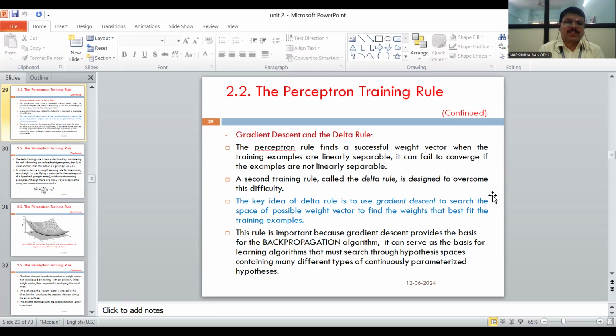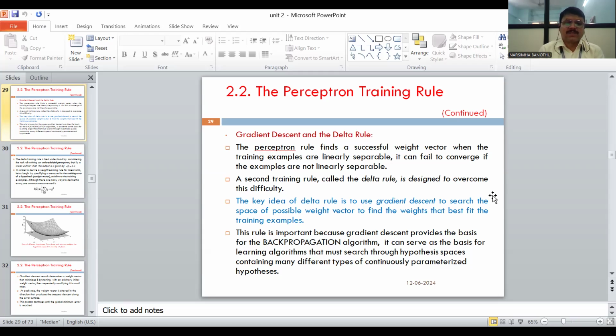So, coming to the second one, the second training rule called the delta rule. First one is the perceptron rule, don't forget that. The delta rule is designed to overcome this difficulty. The key idea of the delta rule is to use gradient descent to search the space of possible weight vectors to find the weights that best fit the training examples.